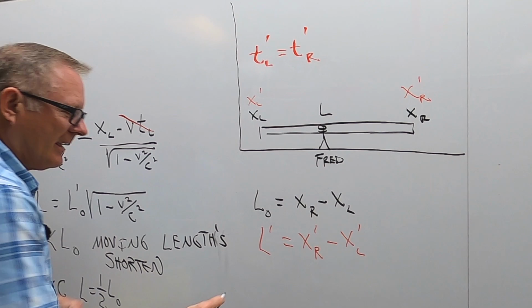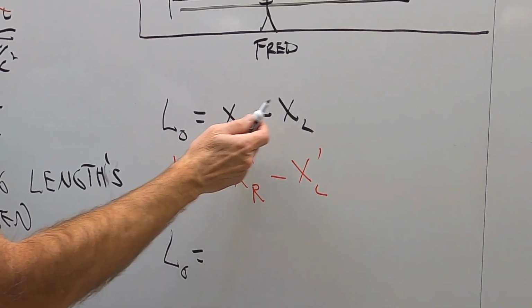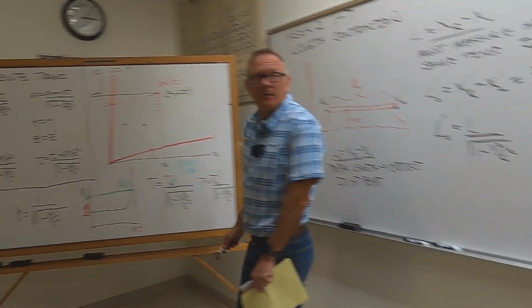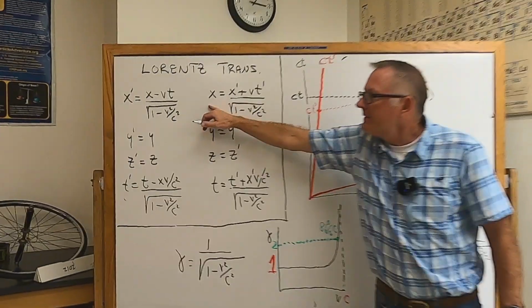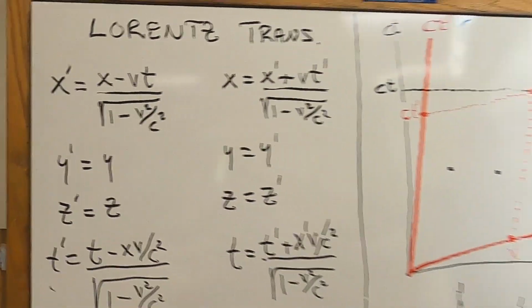So we can say L naught is equal to x sub r minus x sub l. It looks like we're going to plug in this equation right here, going from the unprime to the prime.